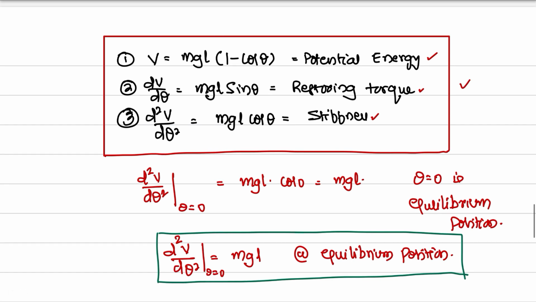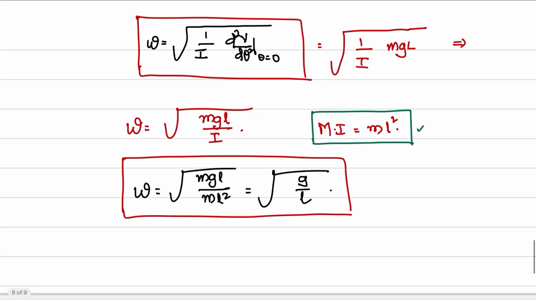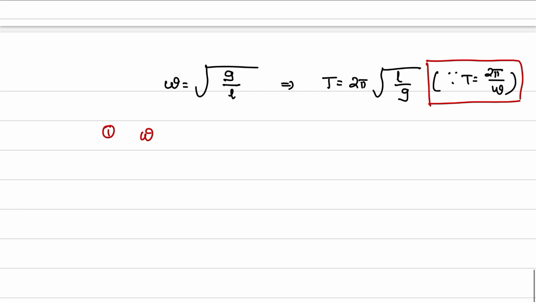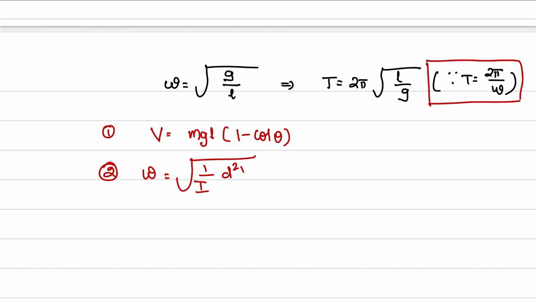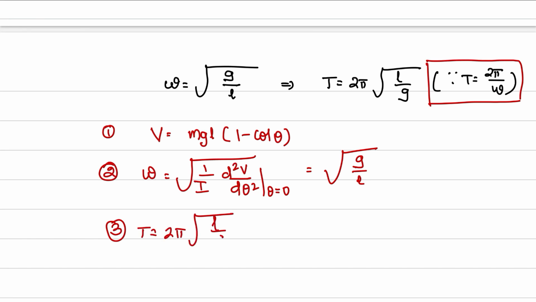These three concepts: V is equal to mgl into 1 minus cos theta, the potential energy; dV by d theta, the restoring torque; and d square V by d theta square, the stiffness. From the main equation V is equal to mgl into 1 minus cos theta, we have got omega is equal to square root of 1 by I into d square V by d theta square at theta is equal to 0, which is equal to square root of g by l, and from there we got T is equal to 2 pi into square root of l by g.